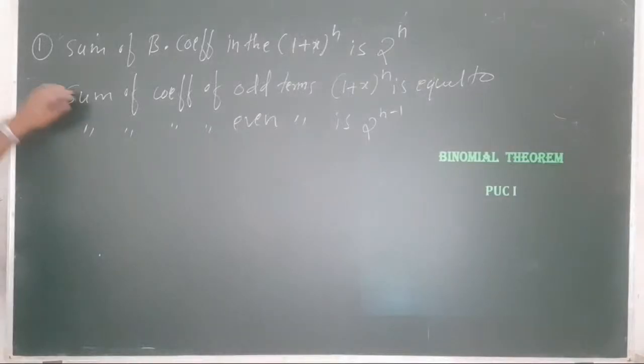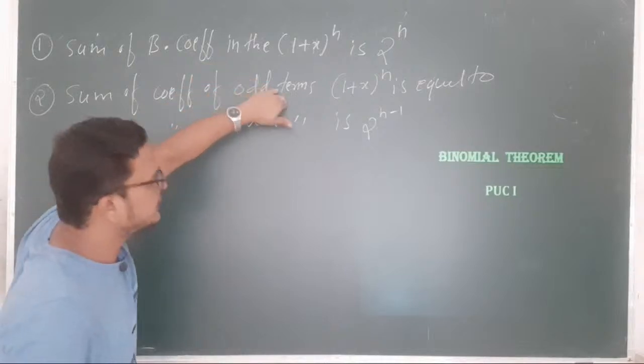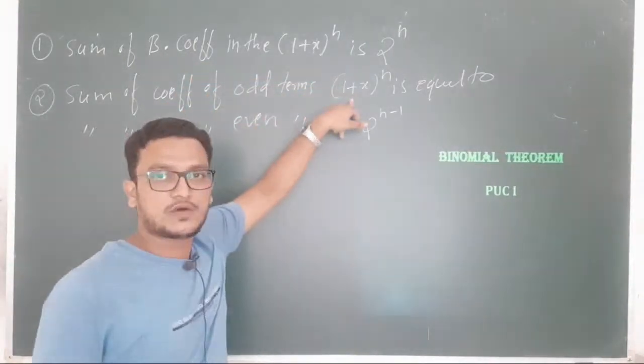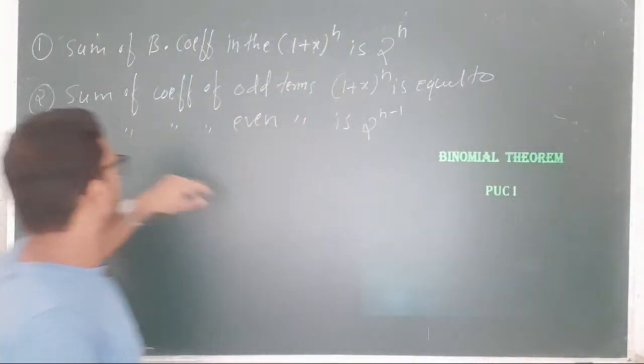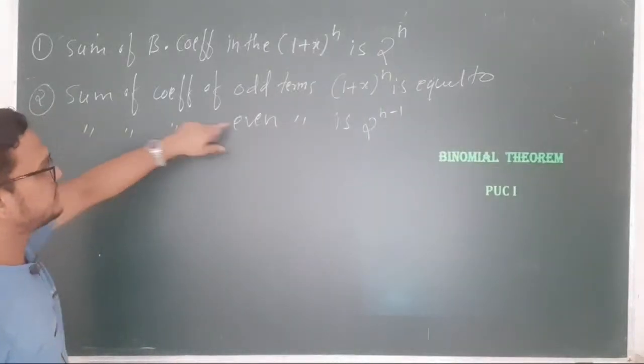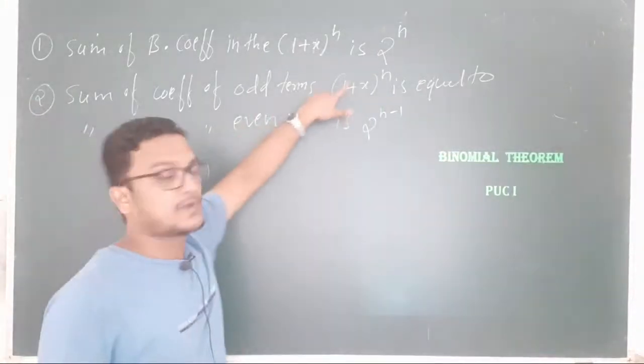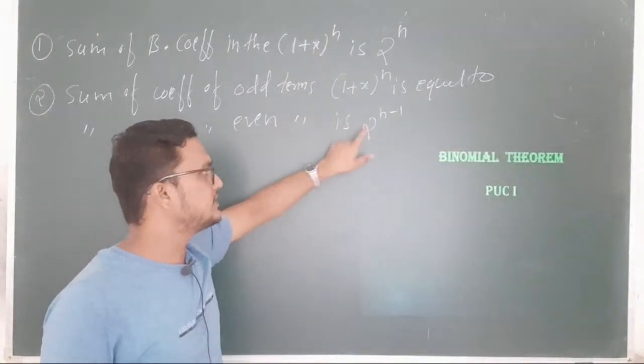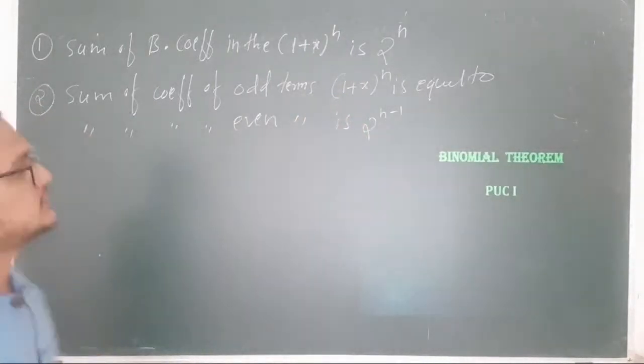Okay, sum of coefficients of odd terms in the expansion of 1 plus x to the power n is equal to the sum of coefficients of even terms, which is 2 to the power n minus 1.